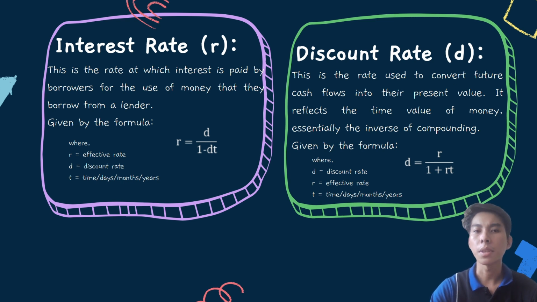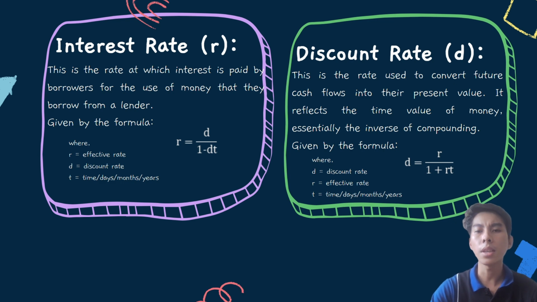So this concept is very useful in the finance world upon finding the equivalence of each rate. Knowing your present and future money is very important, as well as knowing the interest rate and discount rate of the money being invested.